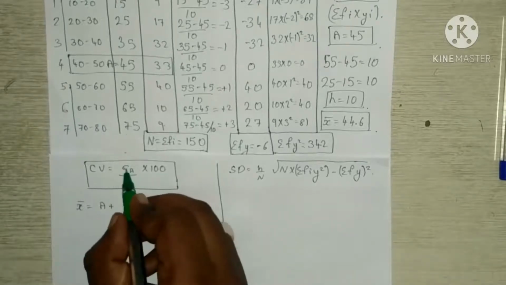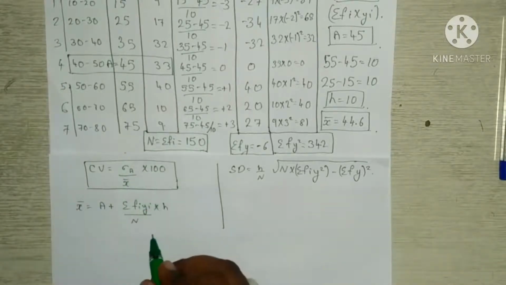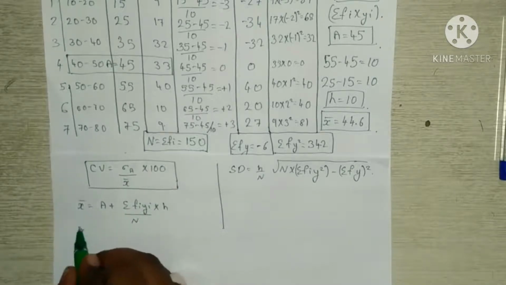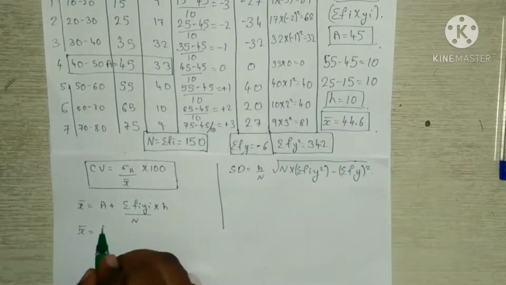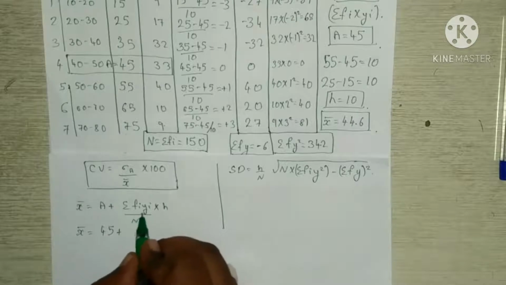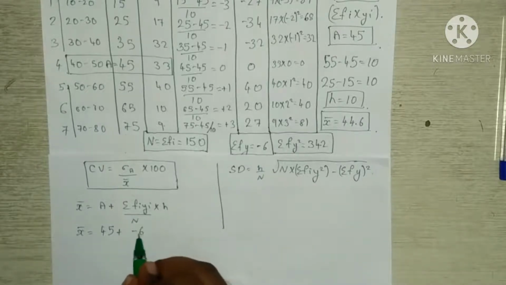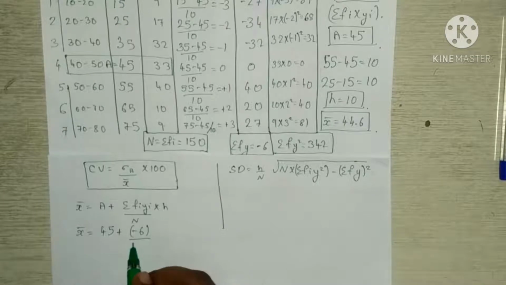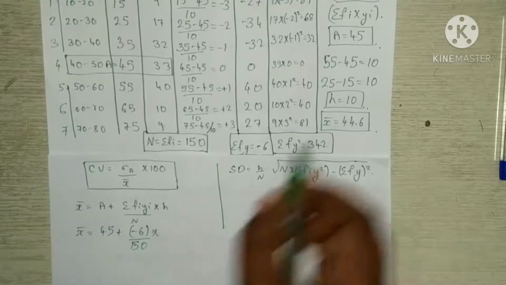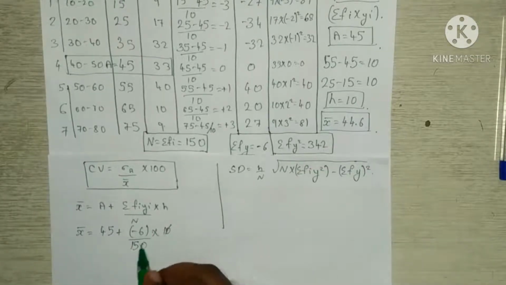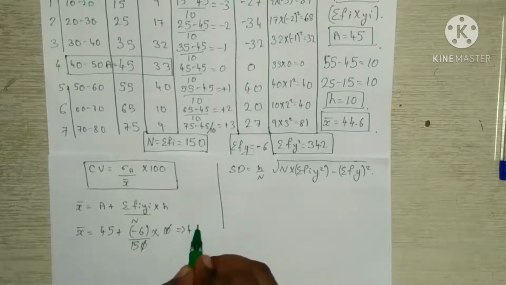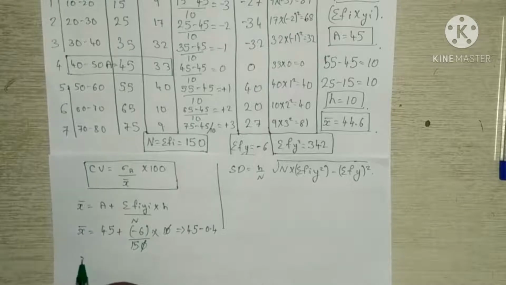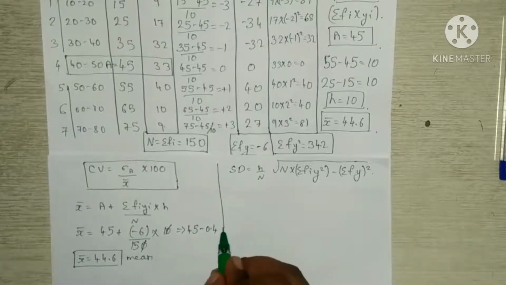Okay, CV is equal to sigma by x bar into 100. Okay, mean x bar is equal to a, which is 45, plus summation f into y, which is minus 6, divided by n, which is 150, into h, which is 10. You'll get 45 minus 0.4. Okay, x bar is equal to 44.6. Mean is nothing but 44.6.